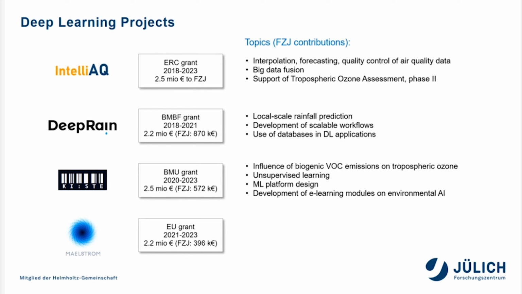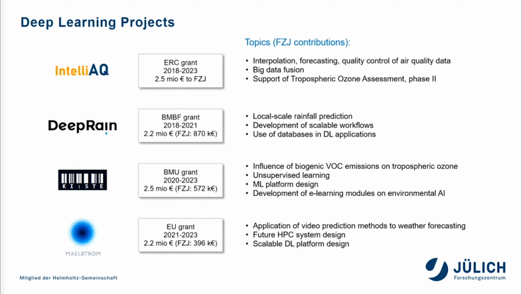And another grant that will hopefully start early next year, it's been positively reviewed by the EU, is Malmström. So this is a European Horizon 2020 grant led by the European Centre for Medium Range Weather Forecast. Again, the total budget here is 2.2 million and our share is 400,000 euros. So unfortunately, one can see sort of a decline of the FZJ share in these projects, but this might not be a monotone trend, so maybe we can reverse that at some point.